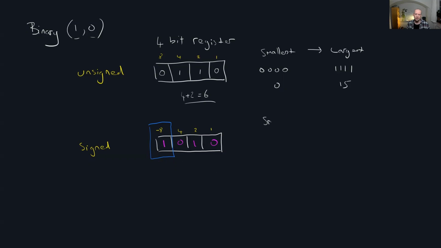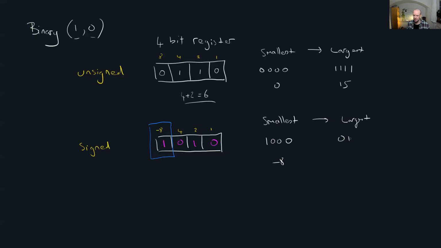Then repeat the exercise over here. What is the smallest number we can now represent in binary? Correct, and we got answers both in decimal and binary. So we had 1000, and that was -8. And the largest number, yeah, we got it.